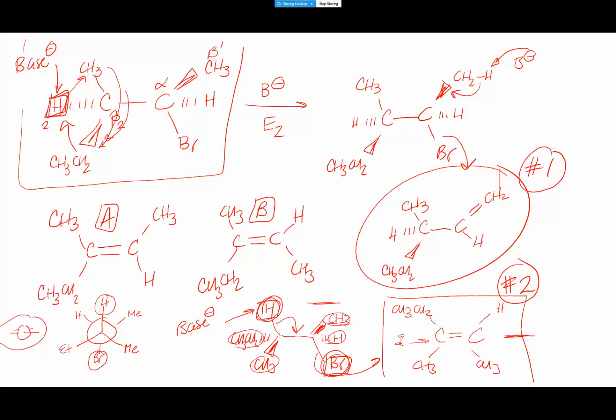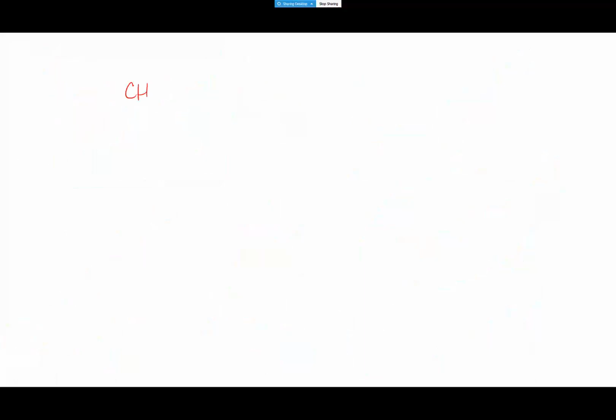Now, can I choose one over the other? Yes. I could choose one, or I could choose two. Do I want to do that with this molecule? No. Personally, I like this one.